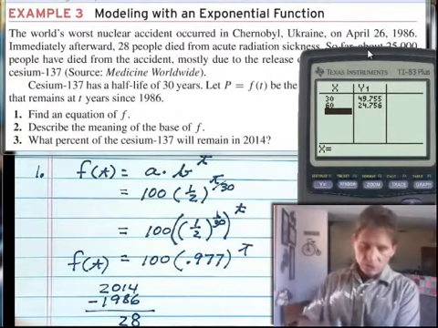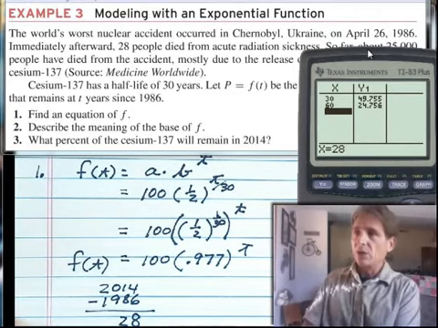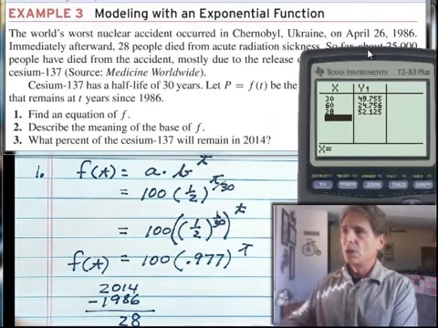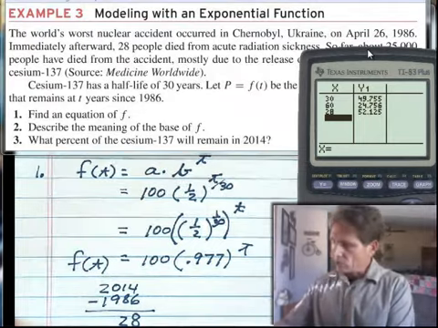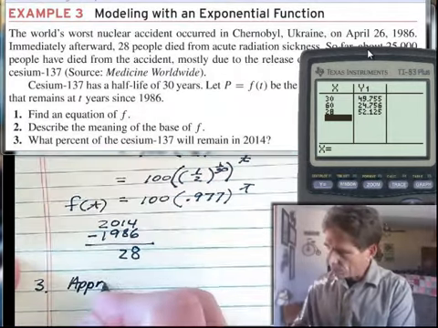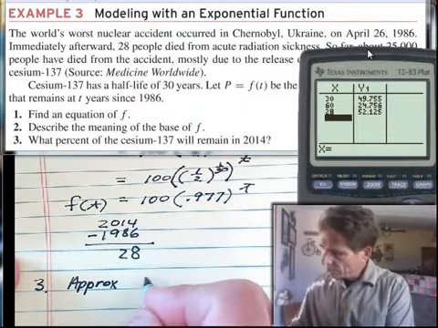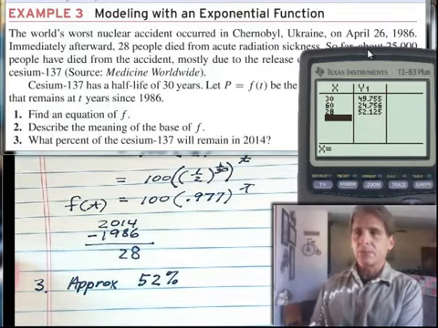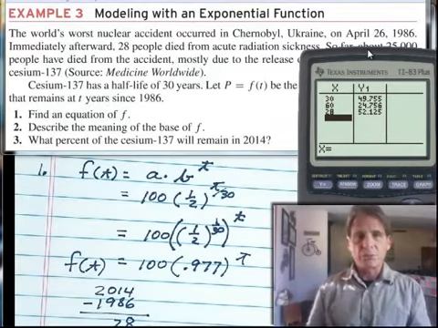So rather than going and doing that, I can just plug in 28 right here. And notice I get 52.125. So I'll just put approximately 52% would remain in that year. So there you have example 3.